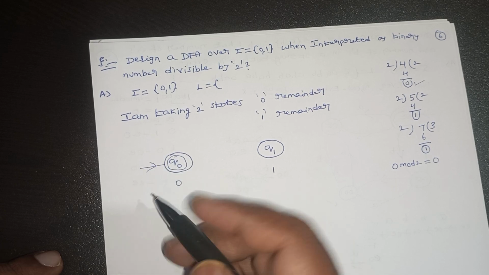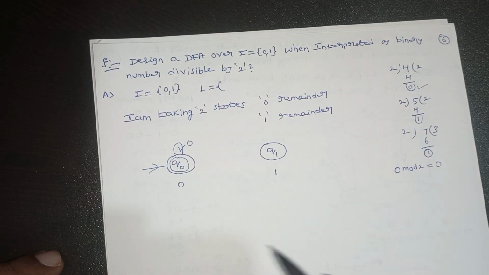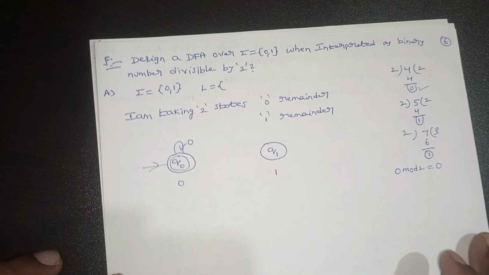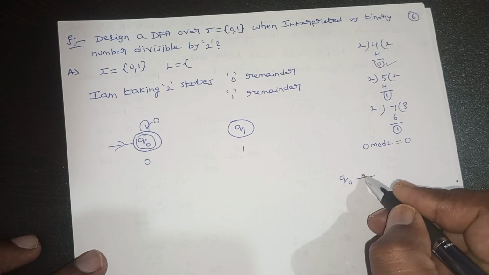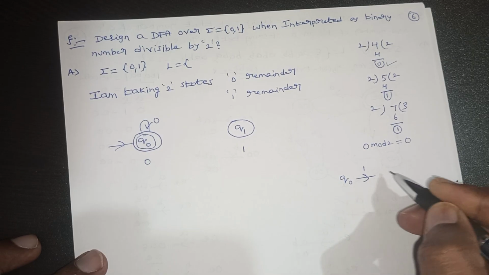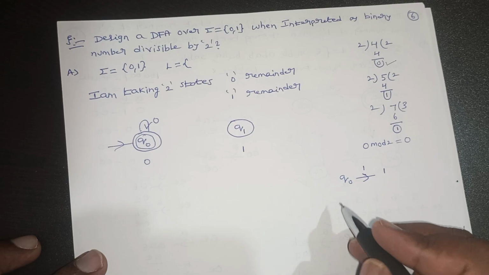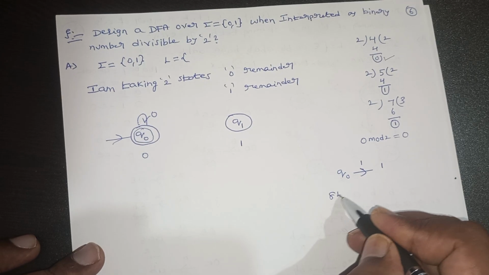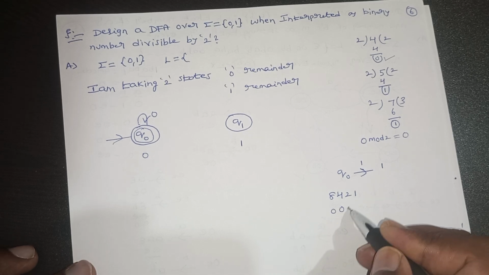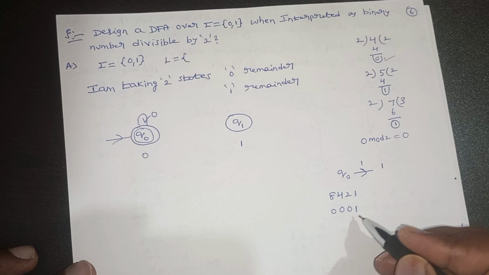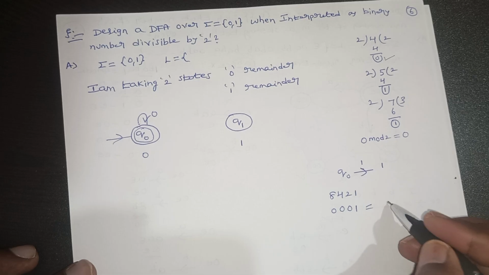Like this. Now, q0 on 0, I am going to the same state. Now q0 on 1. You write 1 here. You use the 8421 code. So 0 0 0 1, which is the normal integer value 1.